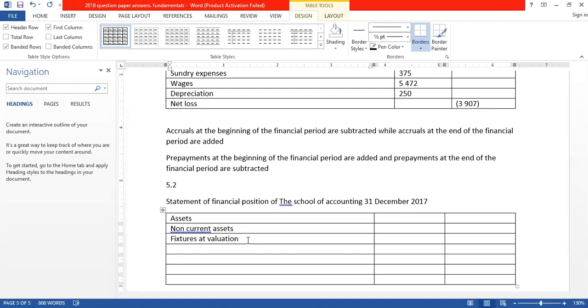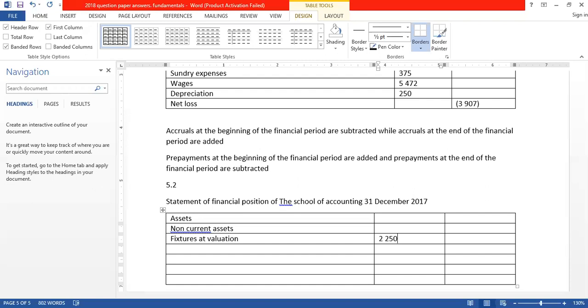In this case, because depreciation is already calculated and you were already given the final amount, we didn't have to calculate it ourselves, so you just write the amount as it is. So 2,250.